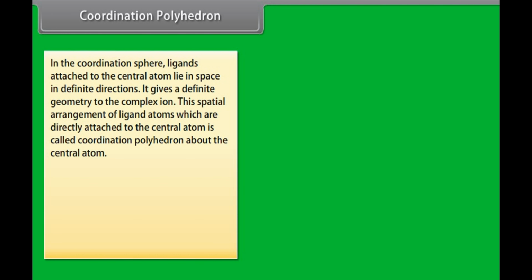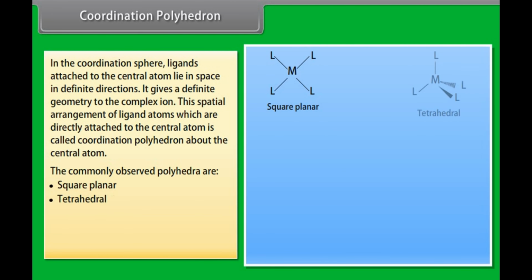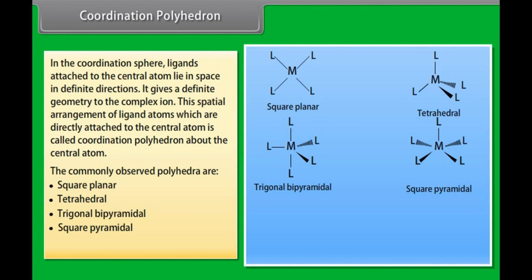This spatial arrangement of ligand atoms which are directly attached to the central atom is called the coordination polyhedron about the central atom. The commonly observed polyhedra are square planar, tetrahedral, trigonal bipyramidal, square pyramidal, octahedral.